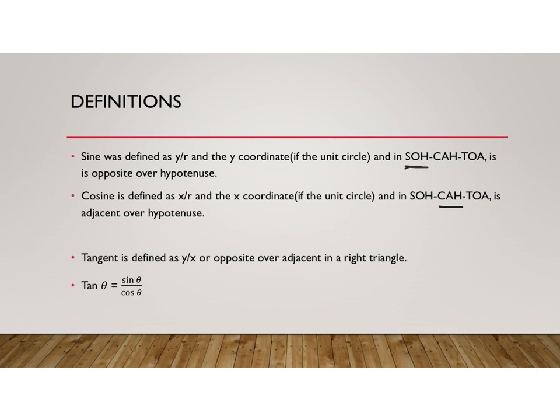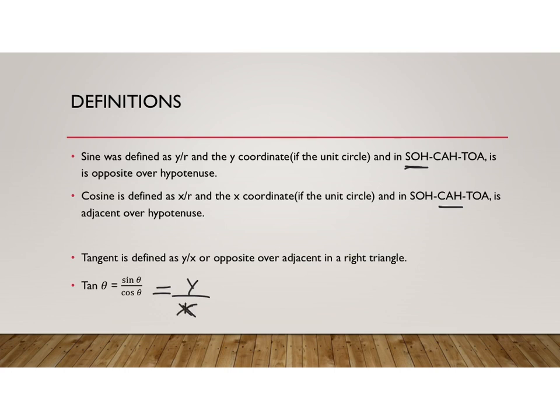Now, tangent, one of our new functions, is defined as y over x, or the opposite over the adjacent in a right triangle. Tangent is also defined as the sine over the cosine, because as you remember, the sine is the y coordinate and the cosine is the x coordinate.